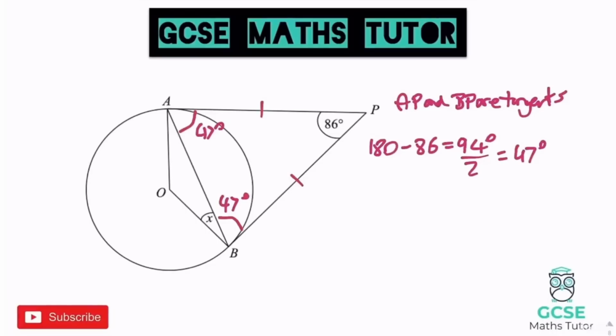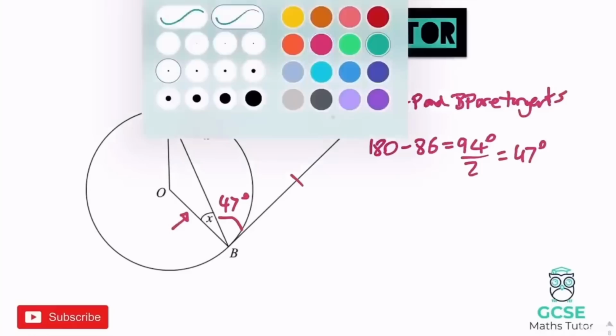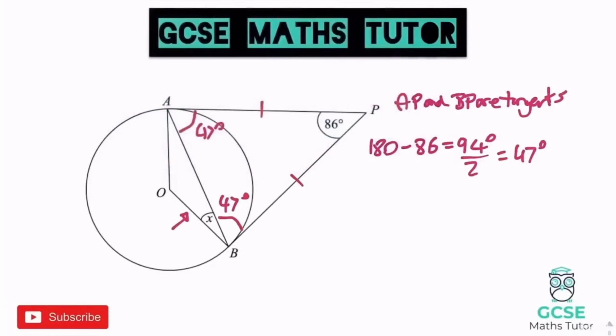Okay, on to the next bit. We've also got, and it doesn't say it here, but O is the centre of the circle. Now O to B there is a radius, looking at this line just here. And a radius meets a tangent at 90 degrees, meaning, and always draw this on the diagram when you see a tangent meeting a radius, we've got a right angle just here. So we can work out the value of x, because if the full angle is 90, we're going to do 90, take away the 47, and that leaves us with 43 degrees.